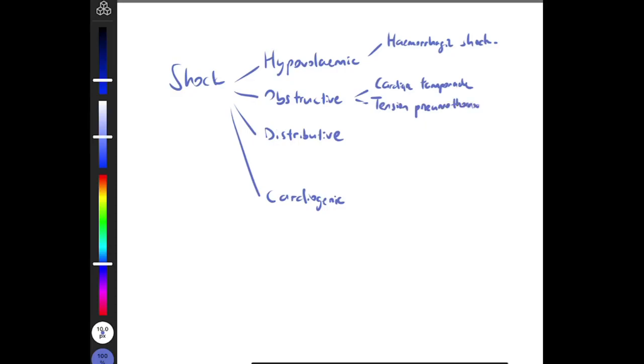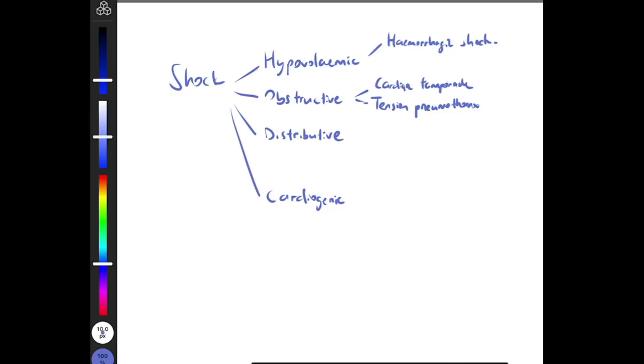So how does this happen? When there's tension pneumothorax, there's dragging of the mediastinal structures to one side, and this causes a kink to the vessels that come out from your heart, and this causes the obstruction.